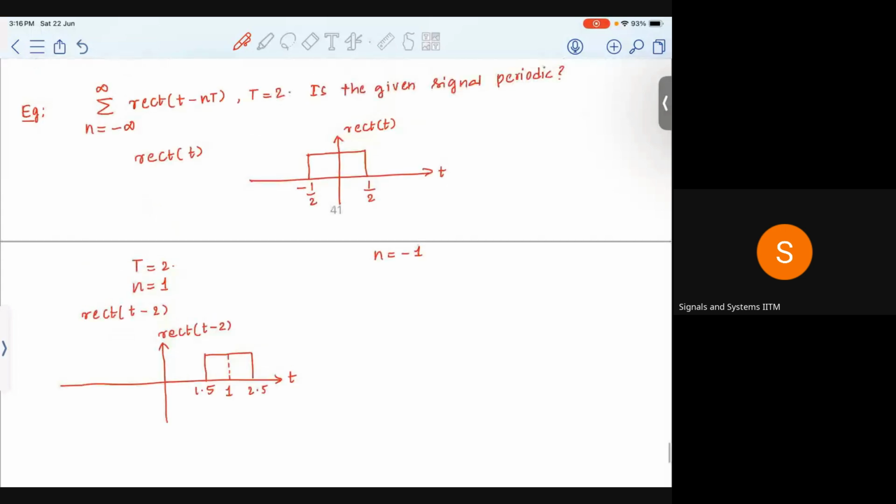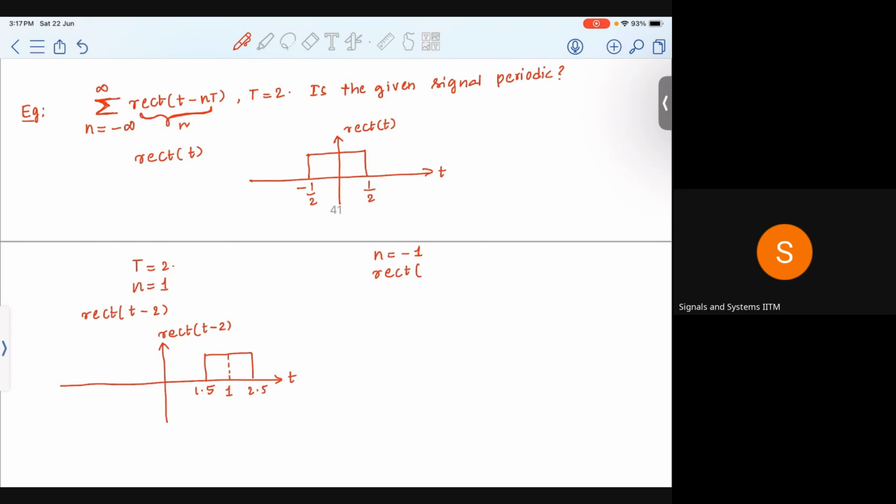When n is minus 1, what do we have? I'm trying to evaluate each of these terms for every n, and then I'll sum it up. So we have a sum over n from minus infinity to infinity of rect of t minus nT. I'm plotting each of these terms for every n, and then I'll try to sum it up.